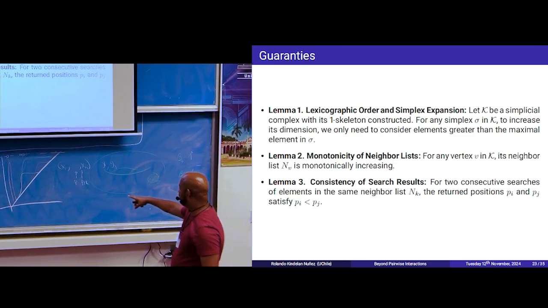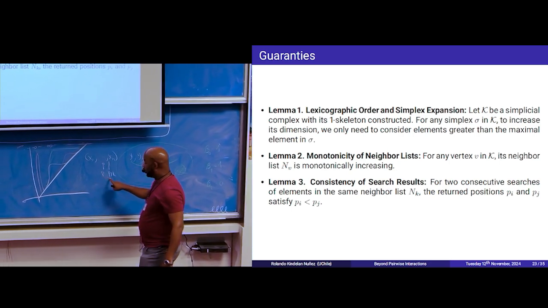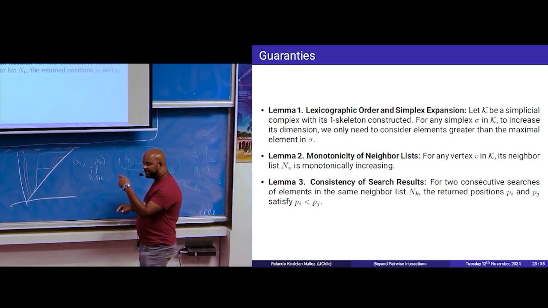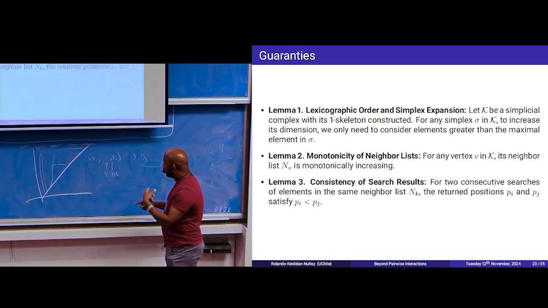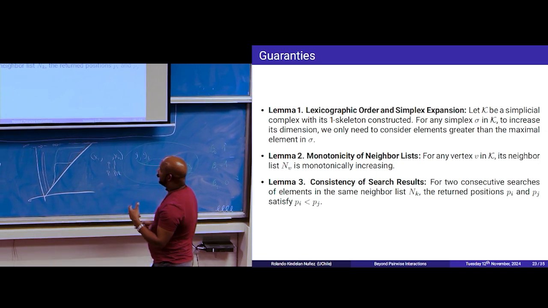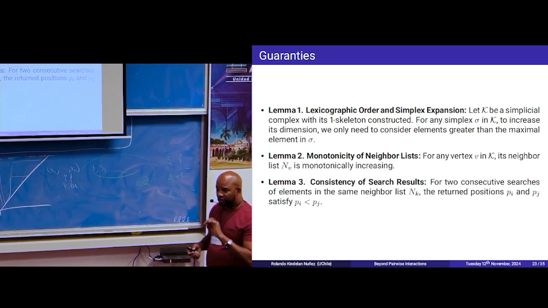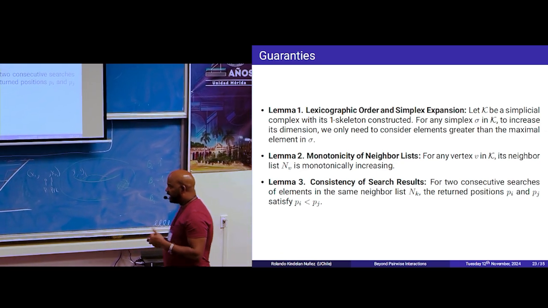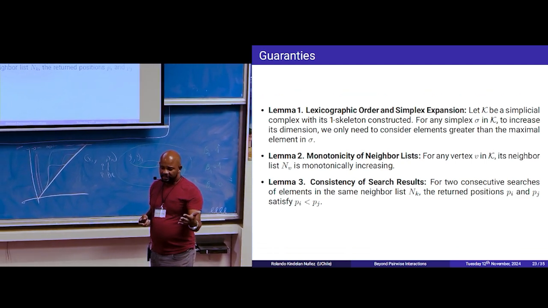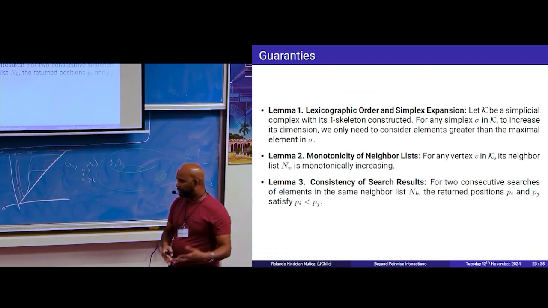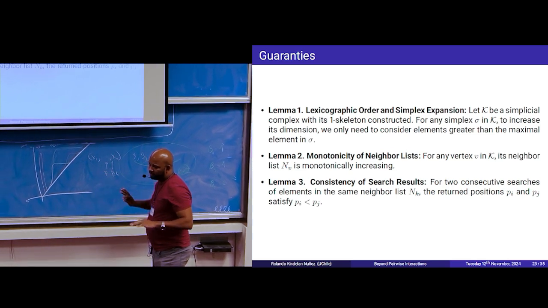If we don't have this kind of shortcut, every time we need to check everything, we need to start from the beginning, every time. So each point also has a last position element, which tells us that the last search in the neighbor list ended in position P, for example.